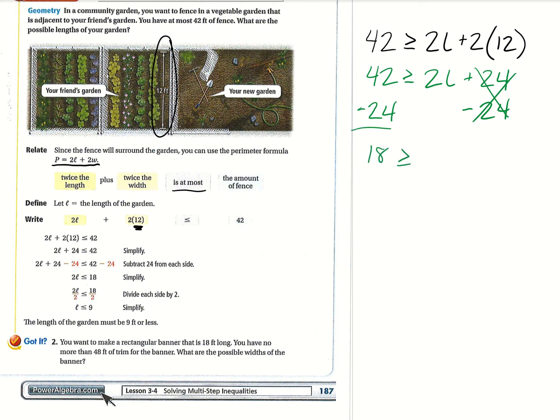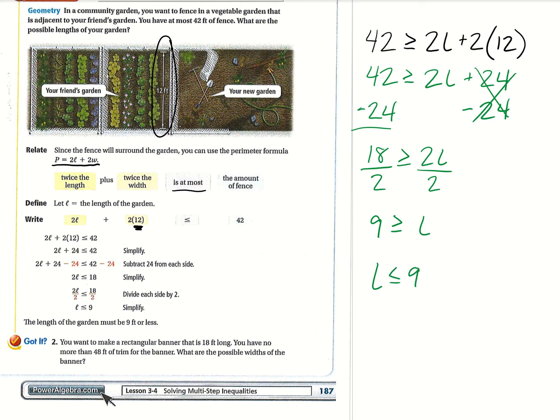We're going to be left with 18 is greater than or equal to 2L. Then I'm going to isolate the L by dividing both sides by 2, and we'll be left with 9 is greater than or equal to L. You can also write that, if it helps you, as L is less than or equal to 9.